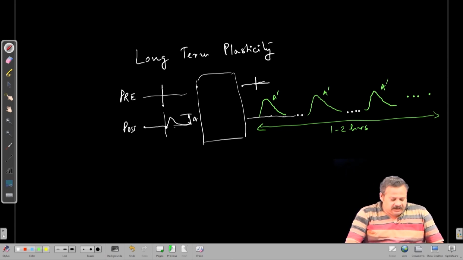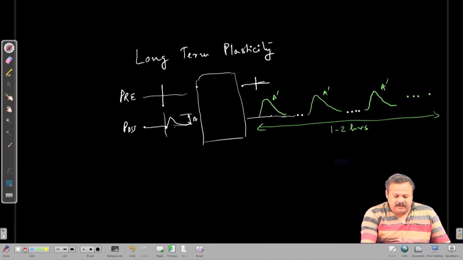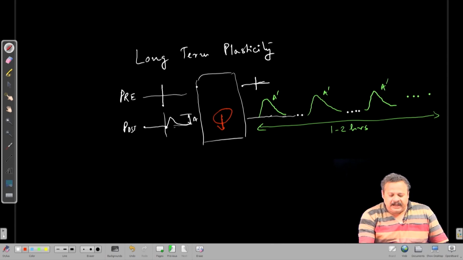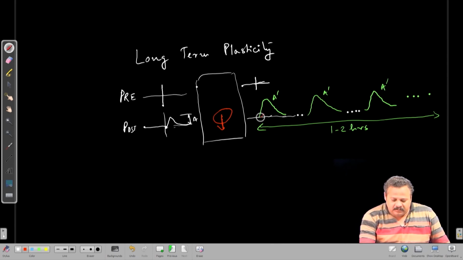And similarly, with that same other manipulation in this period, we can get a depression of synaptic strength. So this is, let us say, A double prime.